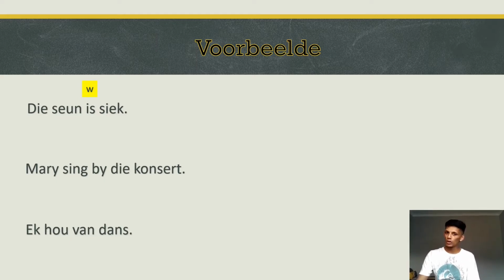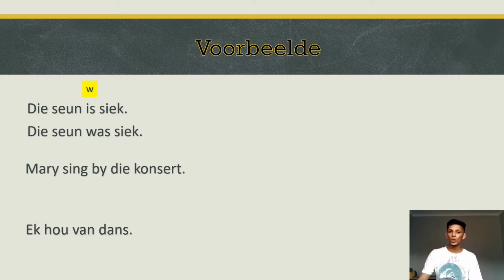Sal my werkwoord by die einde van die sin wees? Nee. Here we are going to use our is and was rule. So we will not need a het, nor we will need a g, and our verb will not move any position. Die seun is sick. Ons antwoord, die seun was sick. The boy was sick.